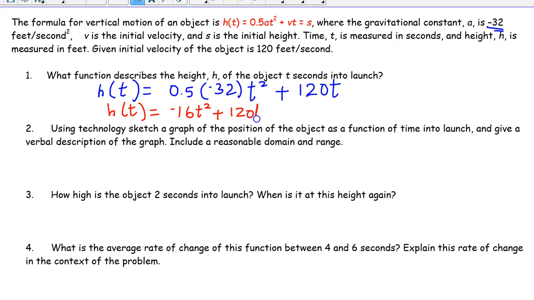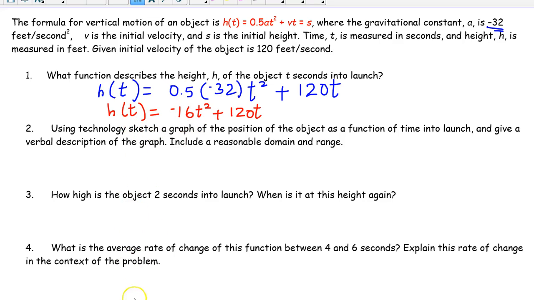That is the function that describes the height. If you want to find the height at t equal to 2, just substitute t is equal to 2. For different values of the time, you can find the height.